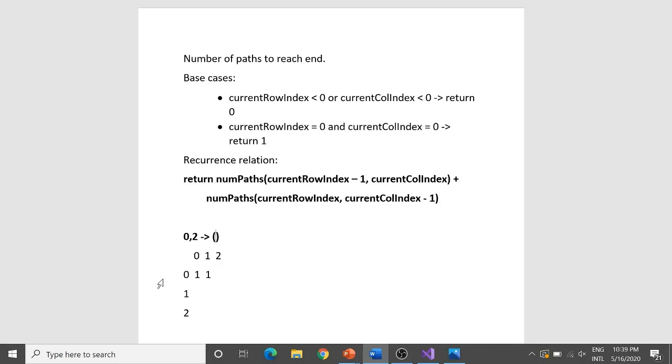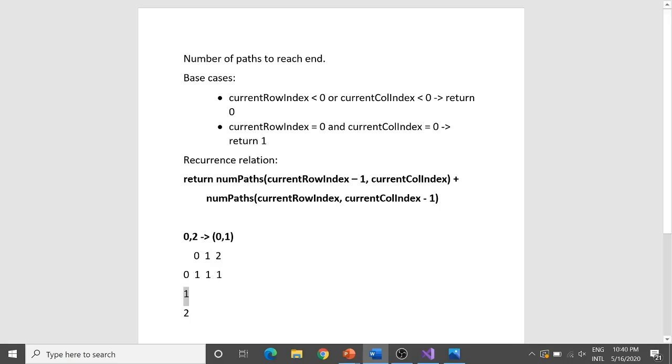The same row but one less column, so I would be recursing for 0,1. And what would I be recursing for in case I come down from a node to reach 0,2? It would be this one. But as I do not have this node in my matrix, it won't even bother us. So whatever the answer to 0,1 is, the same answer would be for 0,2. This is the subproblem 0,1, the answer to this is 1, and we would have 1 over here as well.